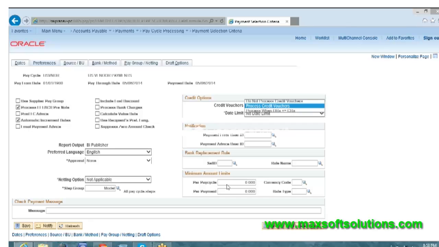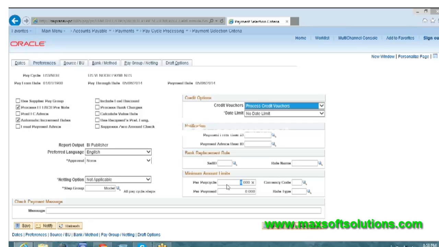There is also a limit: on each and every pay cycle you can put a limit. Whenever I run the pay cycle, my total payables should not exceed this specific limit. For example, I can put $1 million.